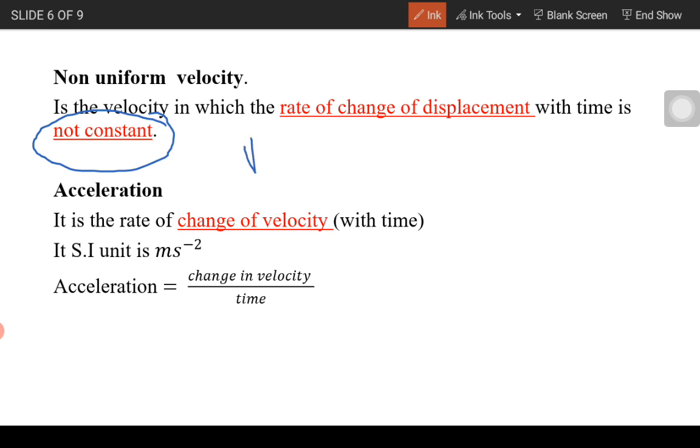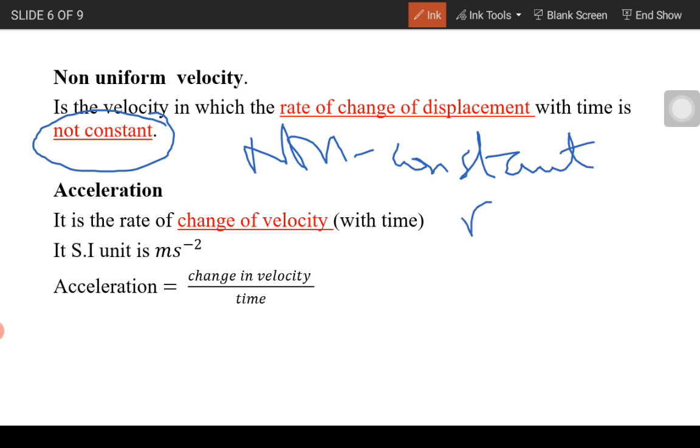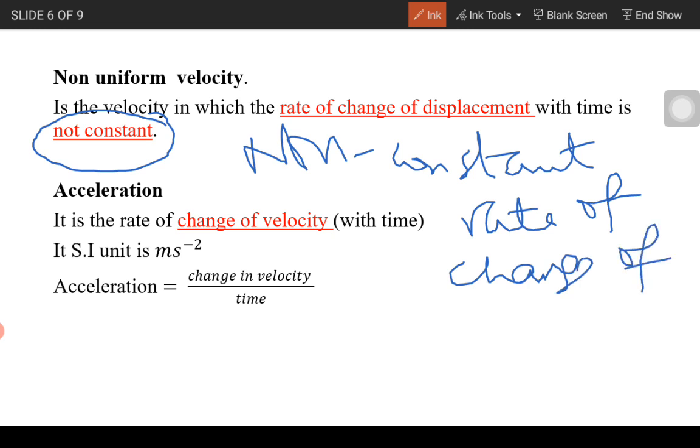So this is the non-constant rate of change of displacement, as simple as that.